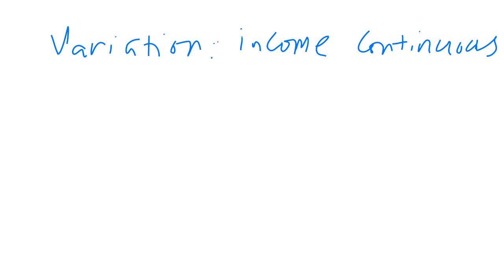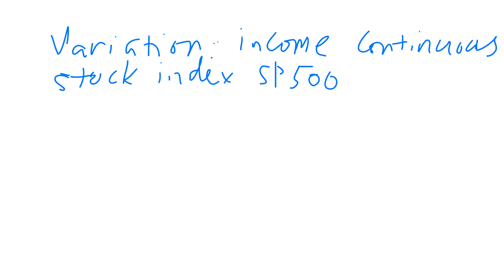A famous example is the stock indexes, such as, say, S&P 500. All these indices are portfolios of stocks, or portfolios of securities. So if you have a pool of securities, then the whole pool is going to have dividends here and there.